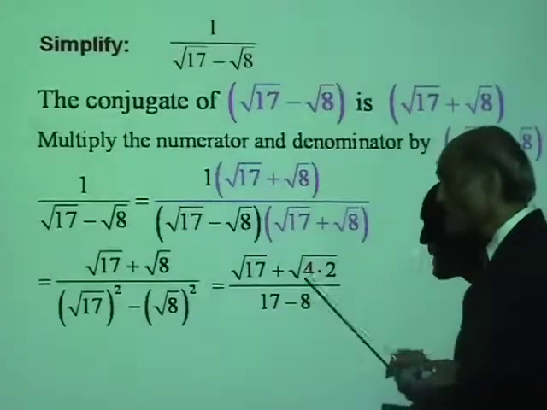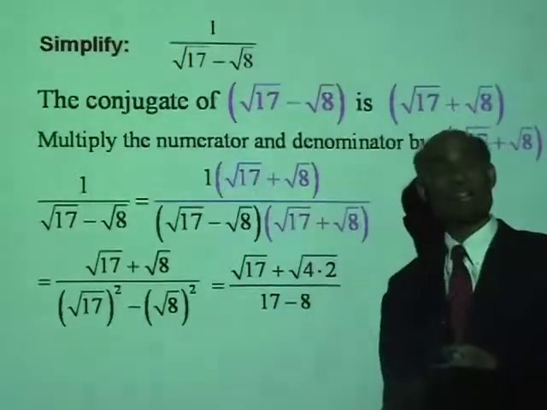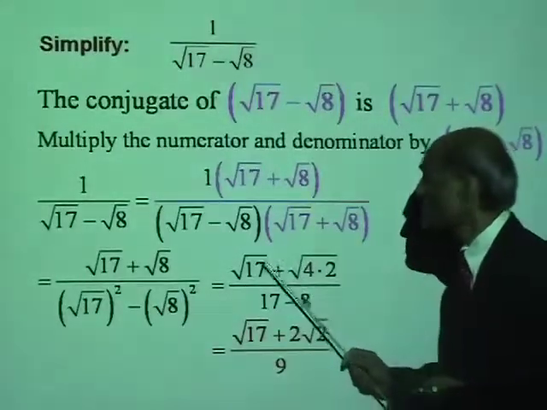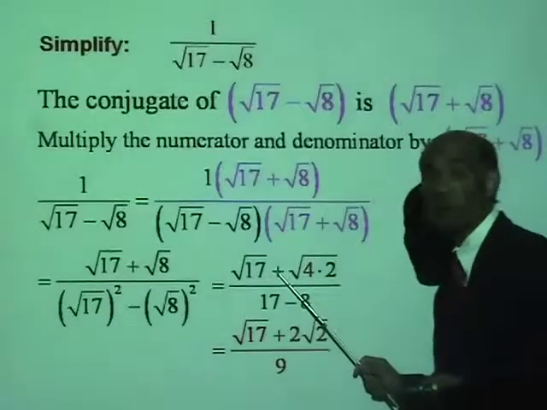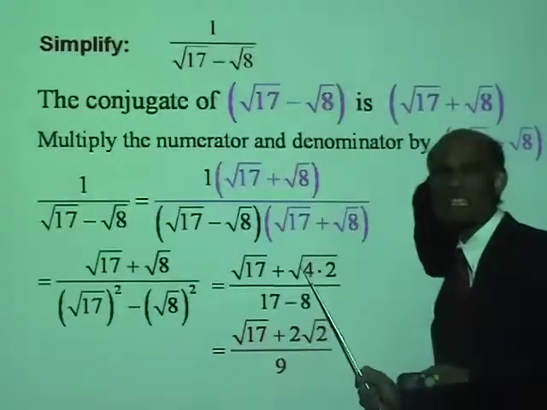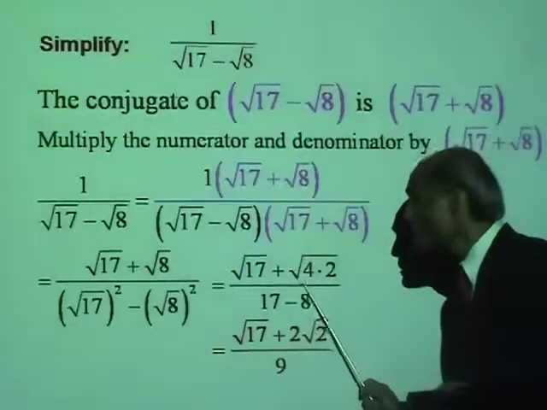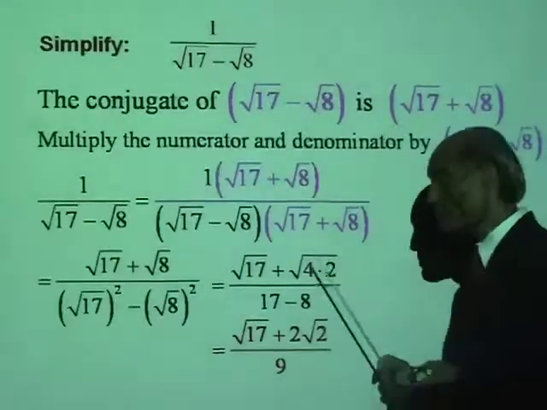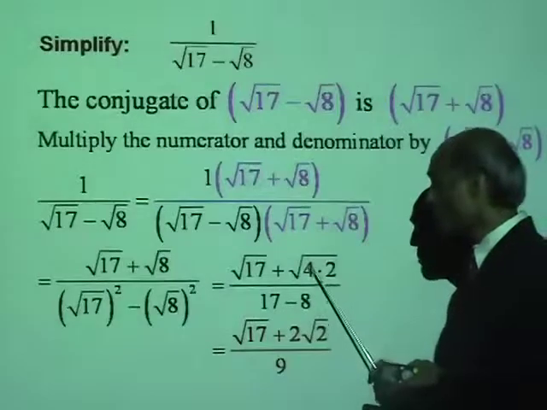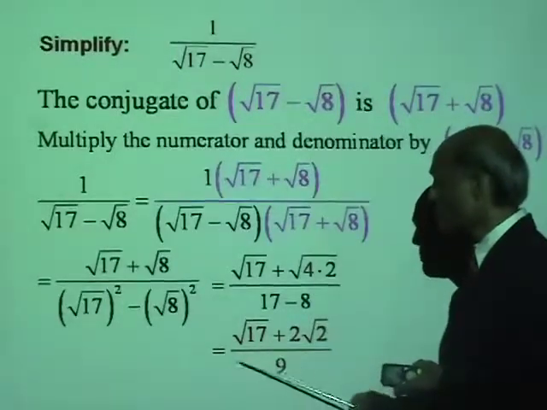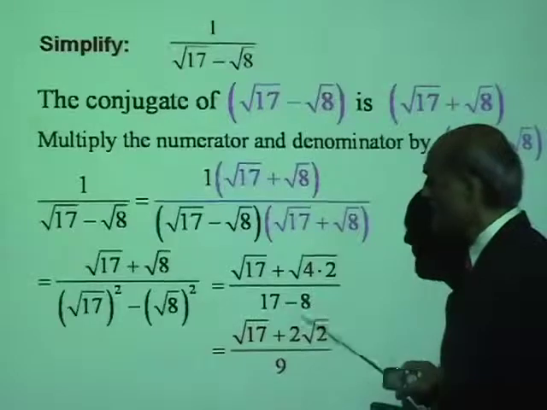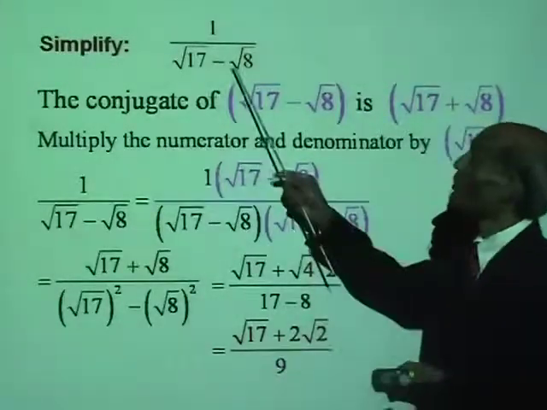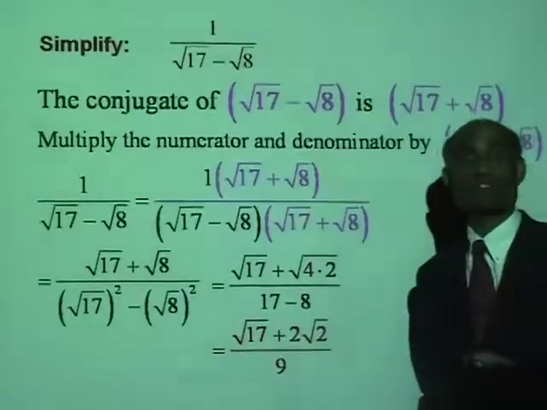So the denominator now is 17 minus 8. I have saved a step. This is now square root 4 times square root 2. Square root 4 is 2. So that will be 2 square root 2 all over 17 minus 8, which is 9. And that is the simplified form of that rational expression.